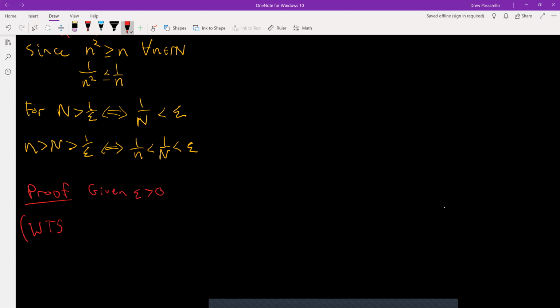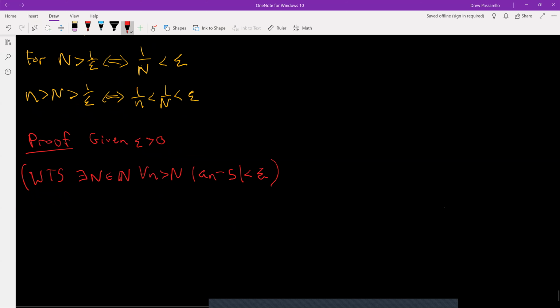We wish to show that there exists a capital N where for all little n bigger than capital N, we have the absolute value of our sequence minus our limit, in this case 5, to be less than epsilon. So that's what we're trying to show.